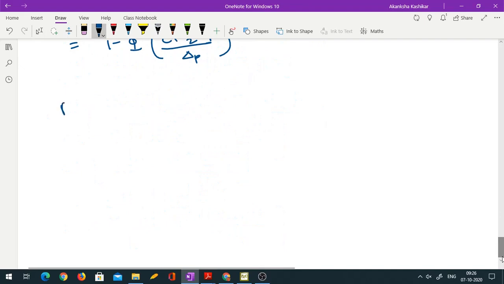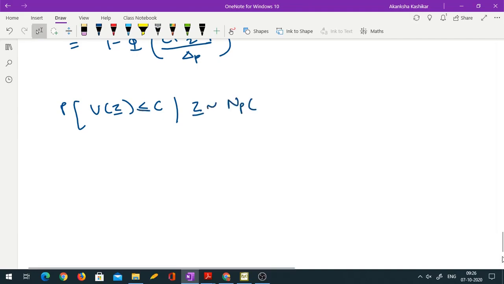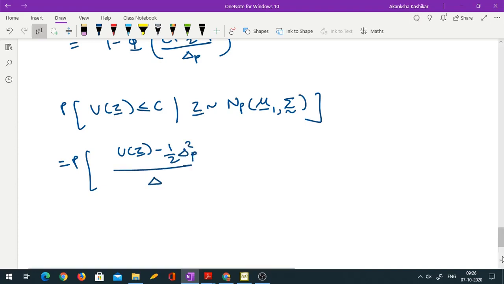The second type of misclassification probability will be uz being less than c given that z follows Np(mu1, sigma). So this is the probability of (uz minus half delta square p) upon delta p being less than or equal to (c minus half delta square p) upon delta p.